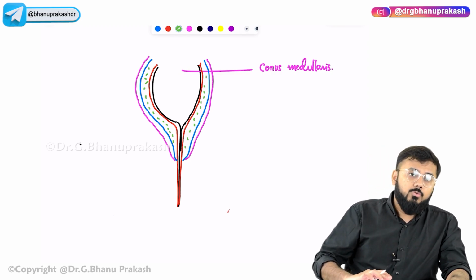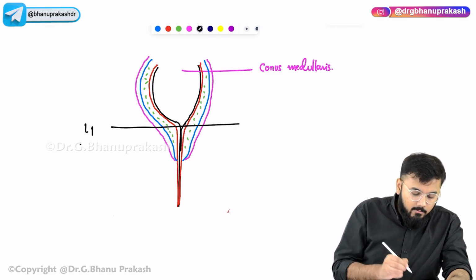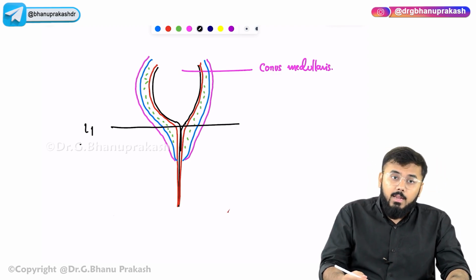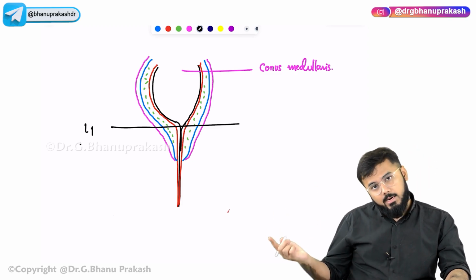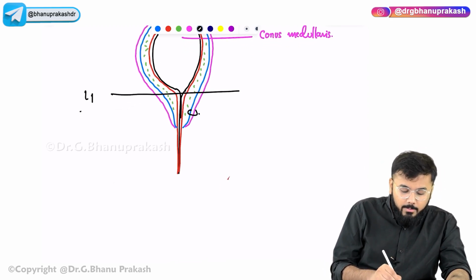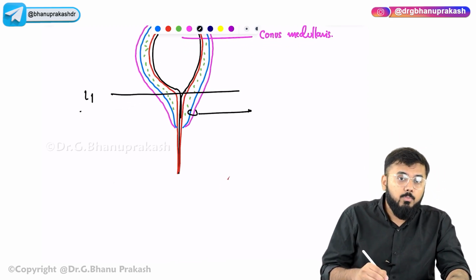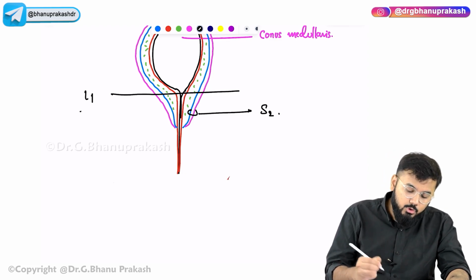Now, if I ask you where the spinal cord is terminating, this is the place, that is the L1 border. Where the outer dura mater and the middle arachnoid mater are meeting, they are meeting at the level of S2.